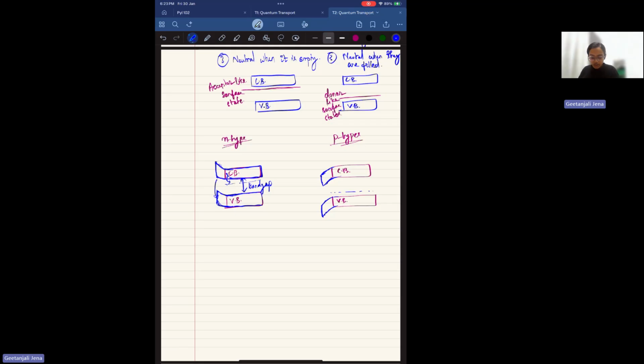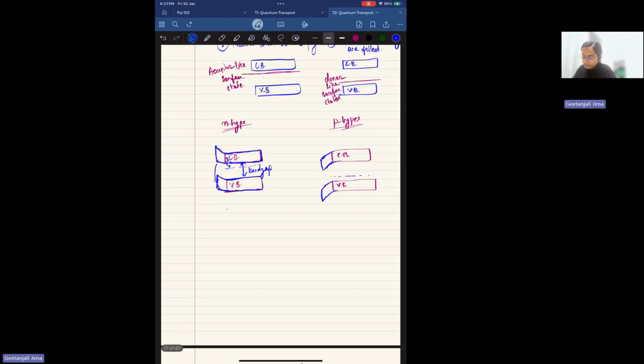Now to calculate the distribution of the charge near the surface, or the potential experienced by the charge carriers near the surface, we can make use of Gauss's law. Let us say there is a depletion region after the charge transfer. Let's say this is z depletion.